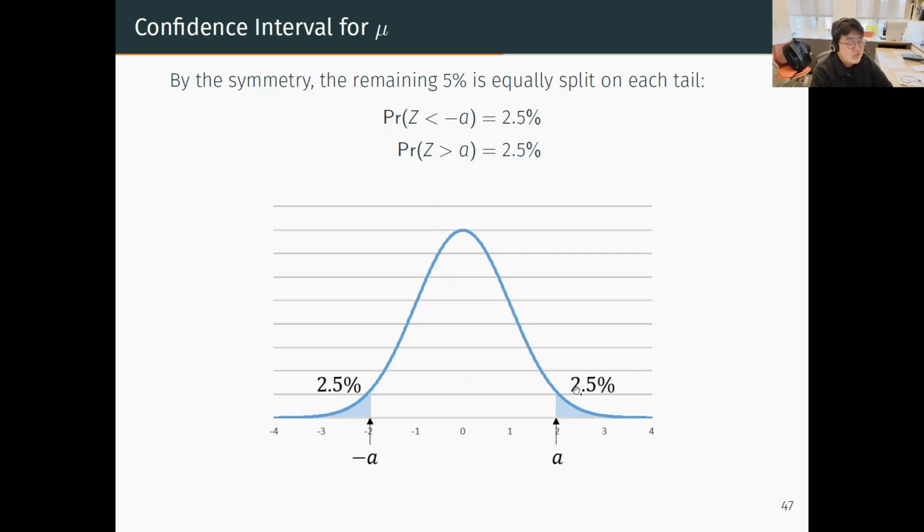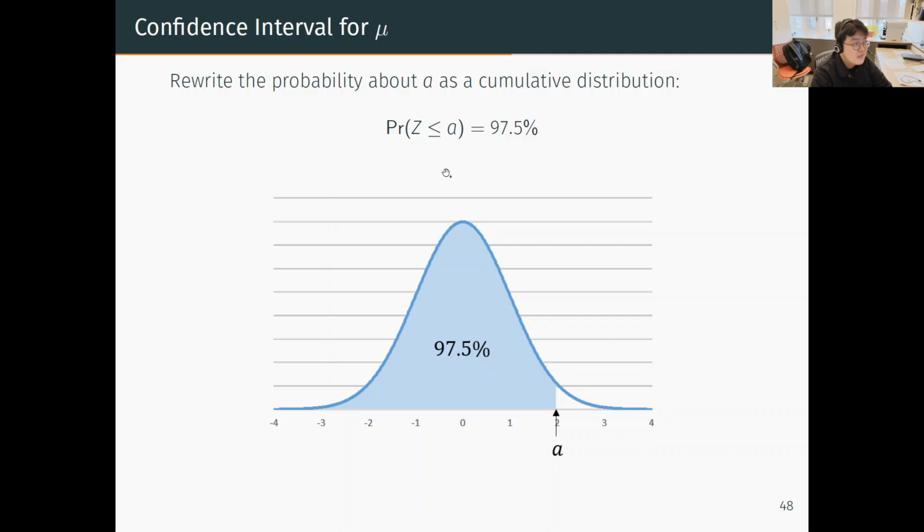So we are looking for the top 2.5% value, or equivalently, this is the 97.5 percentile. We flip the inequality so that the cumulative probability is 97.5%. That is what we need to find out. So we know how to handle cumulative distribution, cumulative probability.